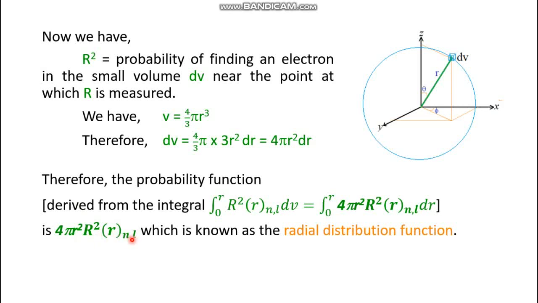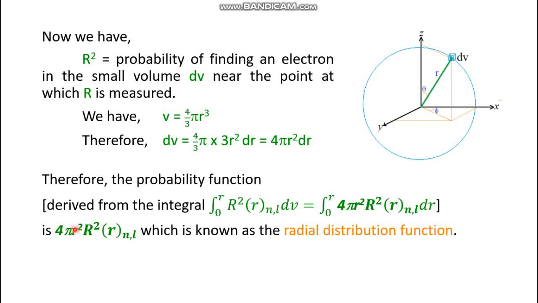And this is actually derived from this integral. What is the integral? This is the integration from 0 to r of the square of the r function dv, and its further expression is the integration from 0 to r. In place of dv, we can write this value 4 pi r square dr. So 4 pi r square dr is merged with the r function, and this part, which is written in bold letters, is actually known as the radial distribution function.